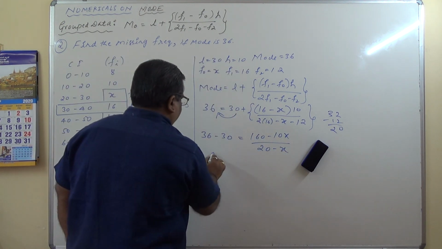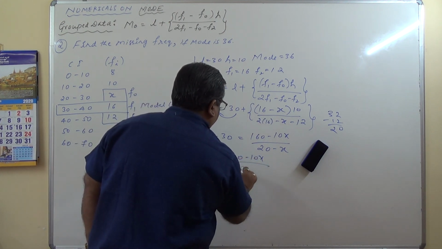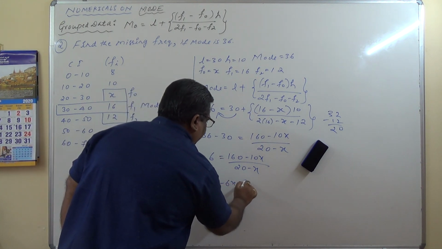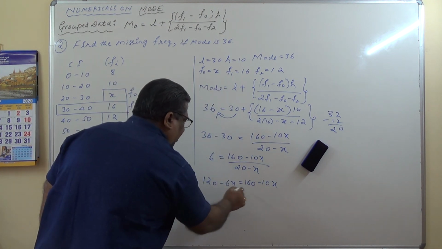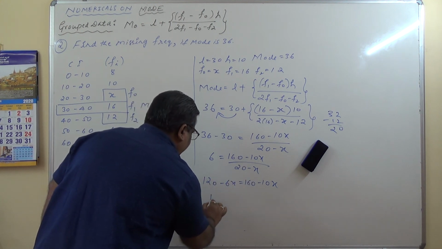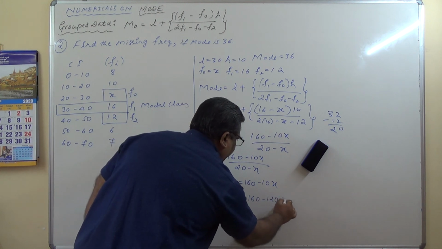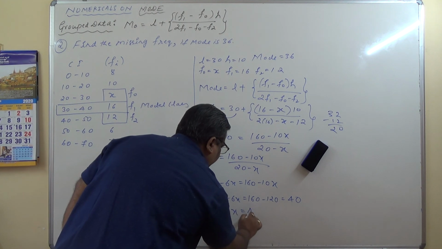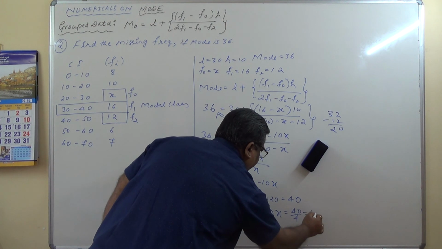So 36 minus 30 is 6, equals 160 minus 10x divided by 20 minus x. Cross multiply: 120 minus 6x equals 160 minus 10x. So transpose 10x this side, 120 that side. 10x minus 6x equals 160 minus 120, which is 40. This is 4x equals 40, implies x equals 40 by 4, which is 10.